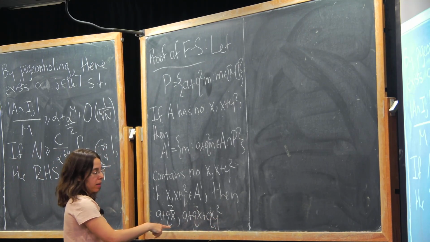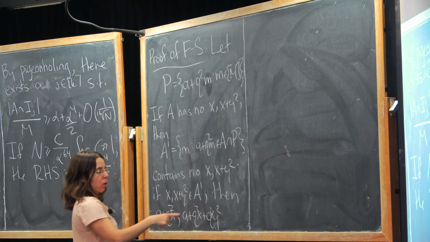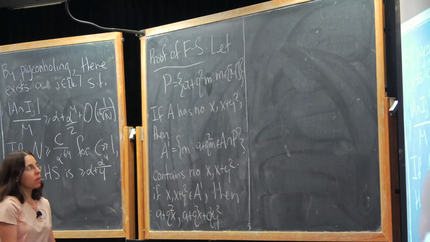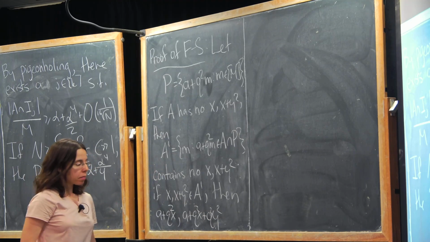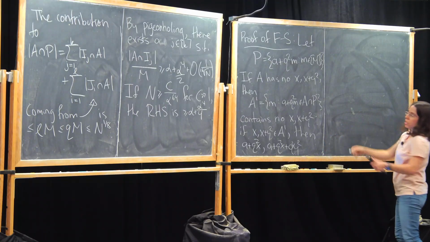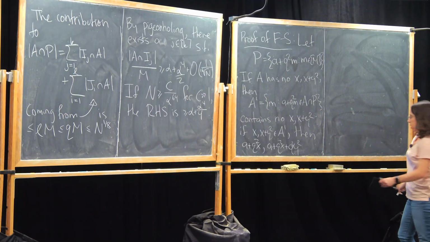And note that y is 0 if and only if Qy is 0. So if A is free of non-trivial progressions, then so is A prime. And we can use this to iterate this lemma.